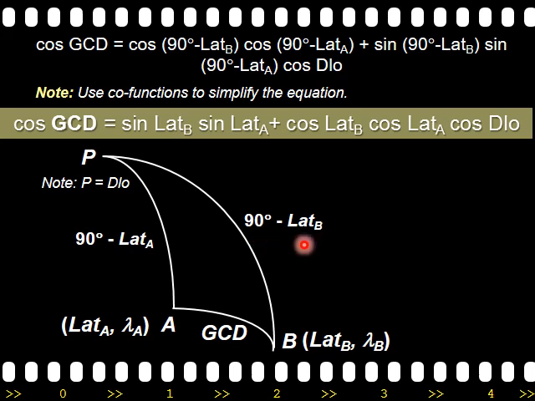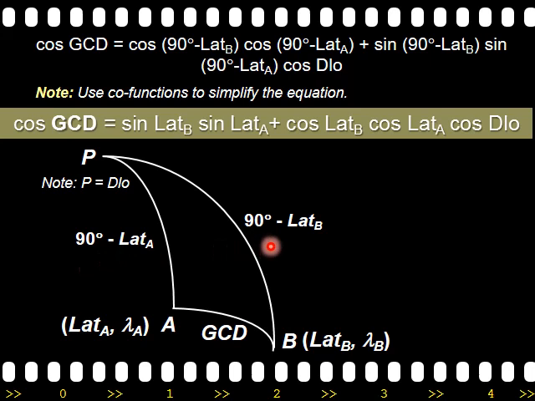Okay, ngayon, ang gagawin natin dito, let's try to use the law of cosines for sides for this one. So, papalitan lang natin yung mga values dito. So, instead na dito kanina, di ba, C? So, gagawin natin GCD. This is your great circle distance. Times the cosine of the two sides.